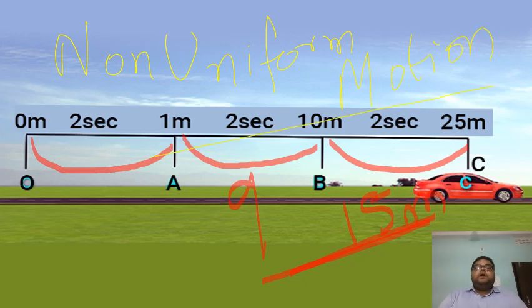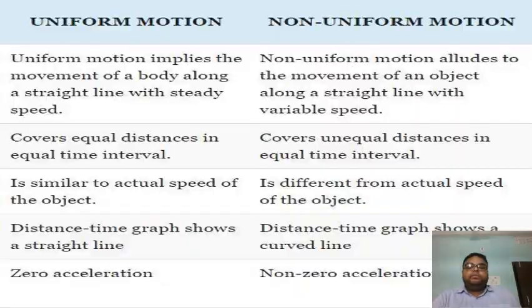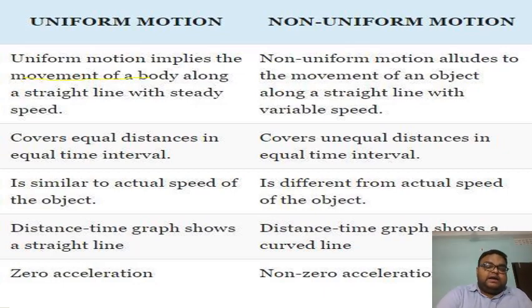Right. So now let's look at the difference between uniform and non-uniform motion. Uniform motion implies that the body is moving along a straight line with a steady speed, right?